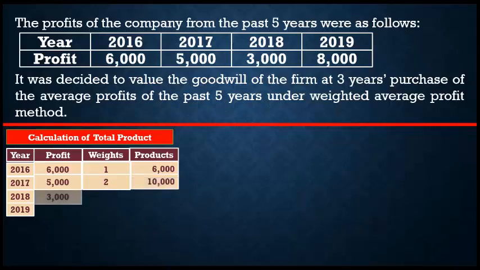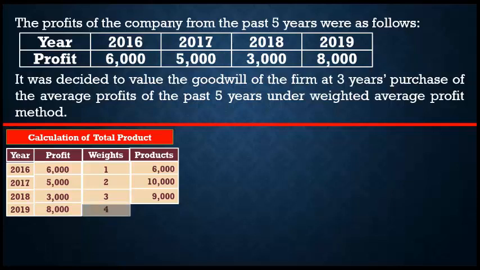Third year profit 3,000, for the third year weight 3. 3,000 into 3, product 9,000. Fourth year profit 8,000, fourth year weight 4. Product 8,000 into 4, 32,000.